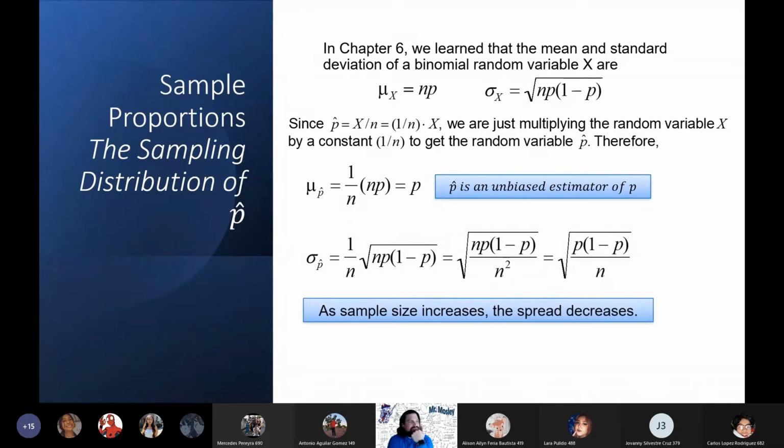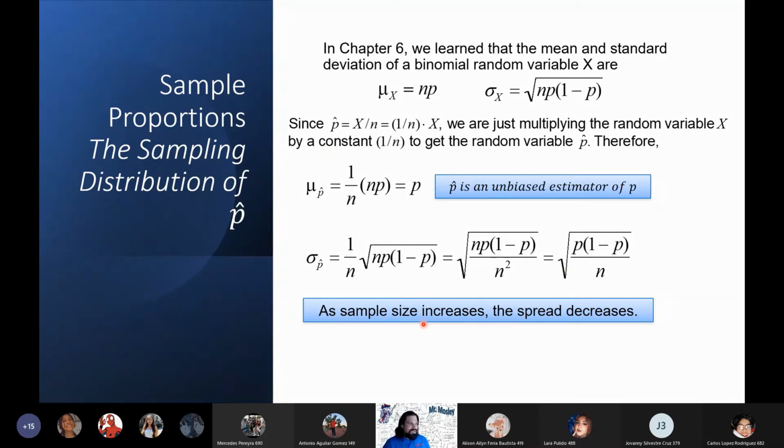And the standard deviation, again, we're using the formulas from a binomial random variable, and we're doing essentially a linear transformation by multiplying by a constant. So the standard deviation of p hat is 1 over n times the standard deviation of the random variable, and we end up with the square root of p times 1 minus p divided by n.